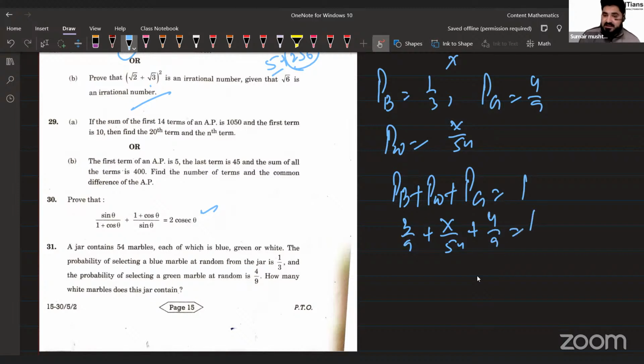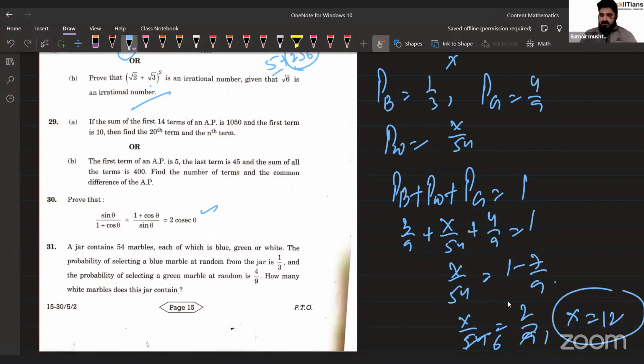That is 7 by 9. I will take it to the other side: x upon 54 is equal to 1 minus 7 by 9, which is 2 upon 9. So x is equal to 12. So there are 12 marbles which are white in nature. Simple. Clear?